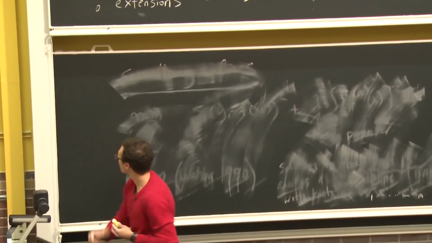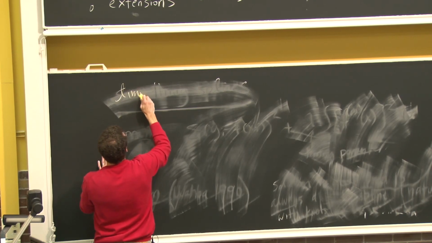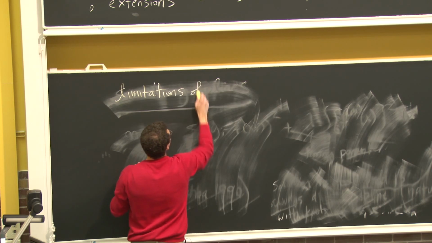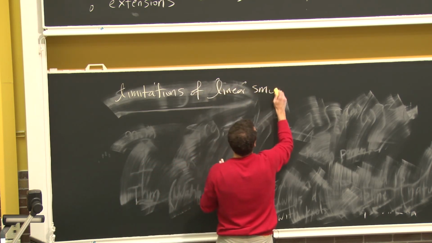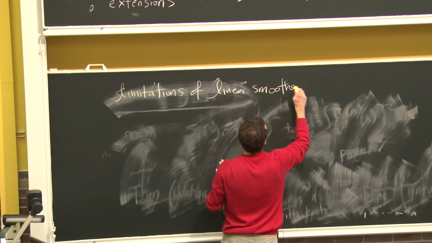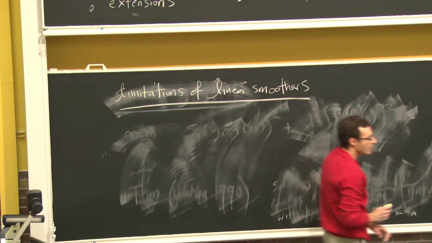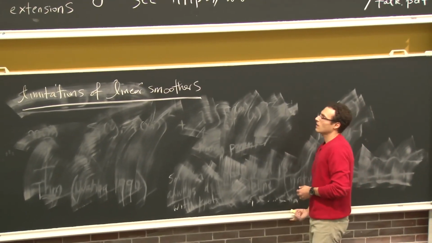Limitations of linear smoothers. There are two ways to look at this. One is practical and one is theoretical, and we're going to go through both.